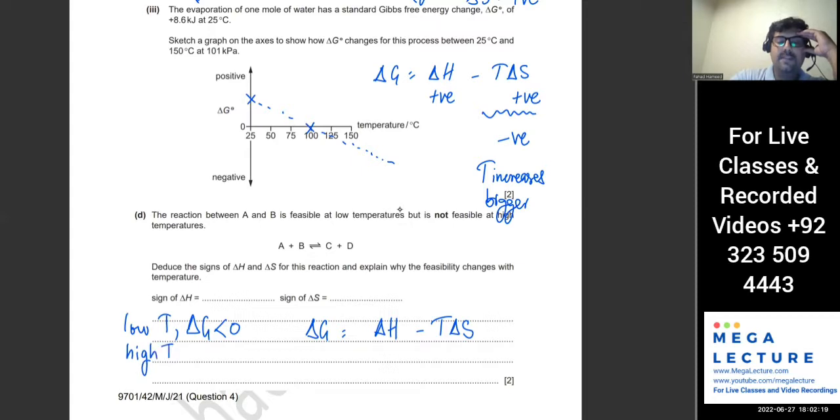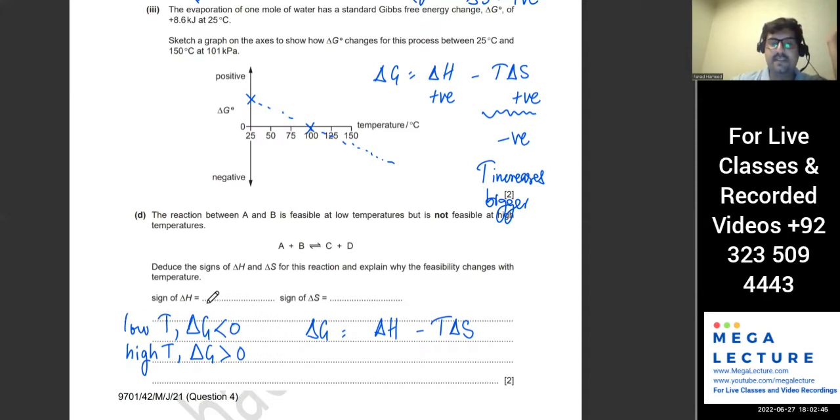And at high temperatures, delta G has a higher value. It's not feasible, right? So at low temperatures, delta G is less than 0. At higher temperatures, delta G is greater than 0. So this is what the scenario is.